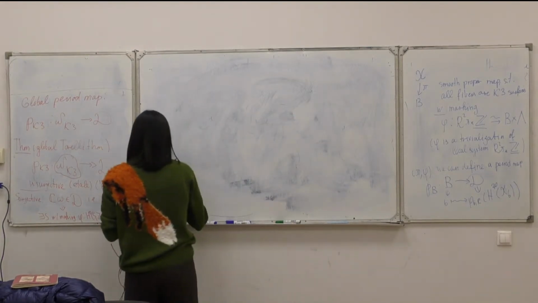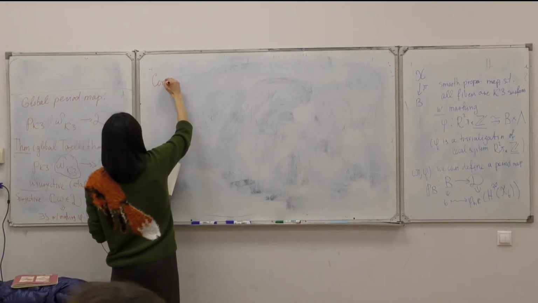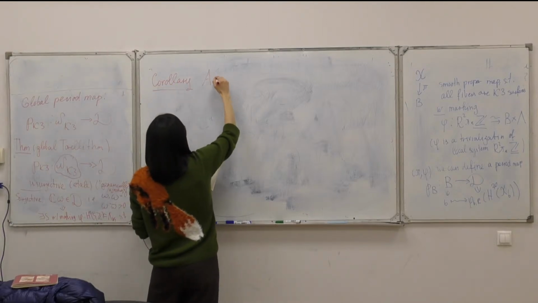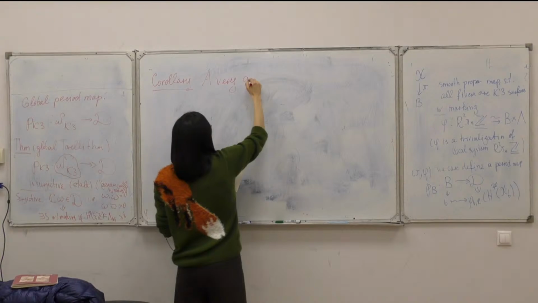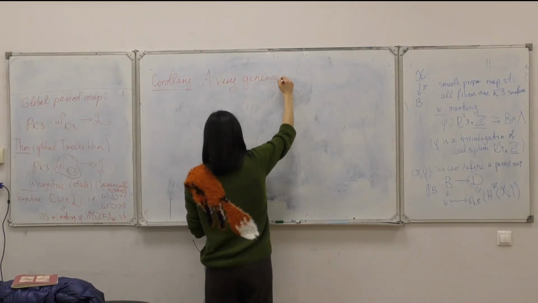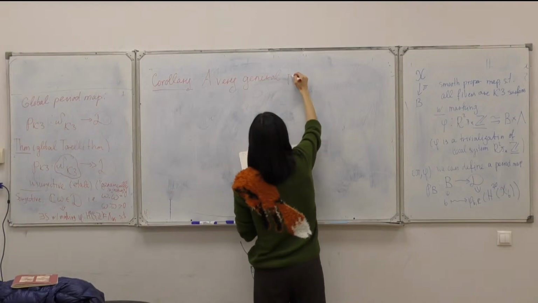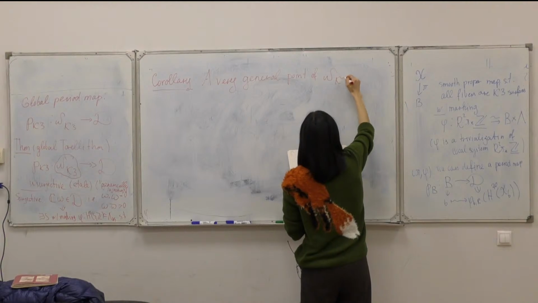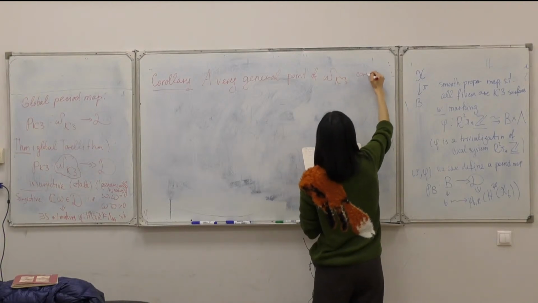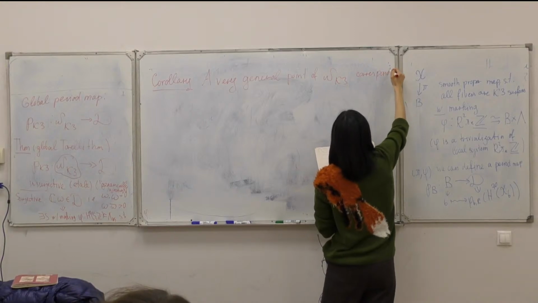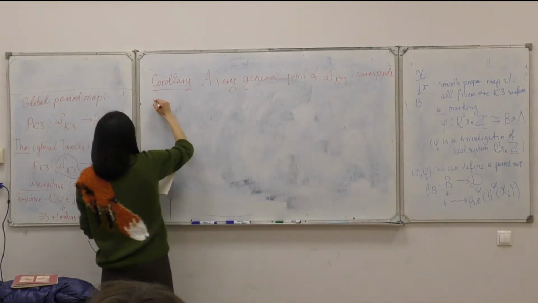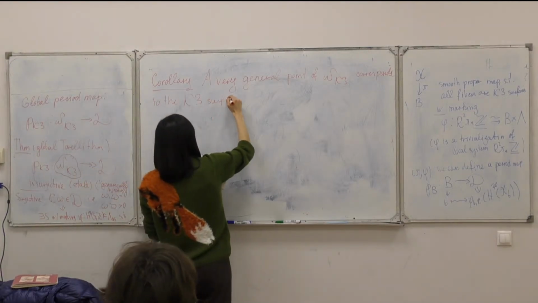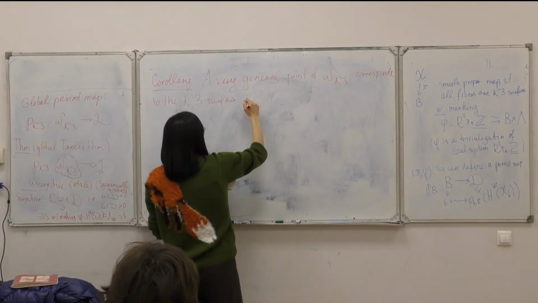So let me first formulate a corollary. A very general point of this moduli space of marked K3 surfaces corresponds to a K3 surface of Picard rank 0.